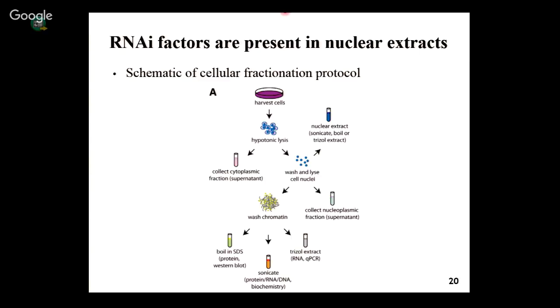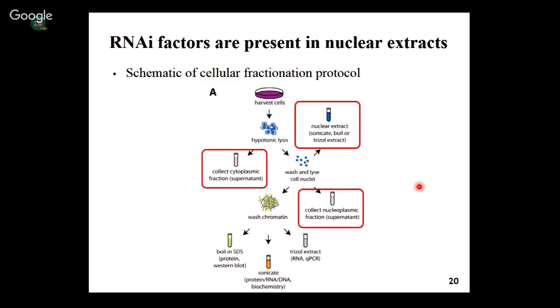It can separately isolate the cytoplasmic, whole nuclear, nucleoplasmic, and chromatin-associated fractions. These fractions can be used for various assays, including protein and RNA detection, chromatographic or biochemical fractionation, and enzymatic assays.